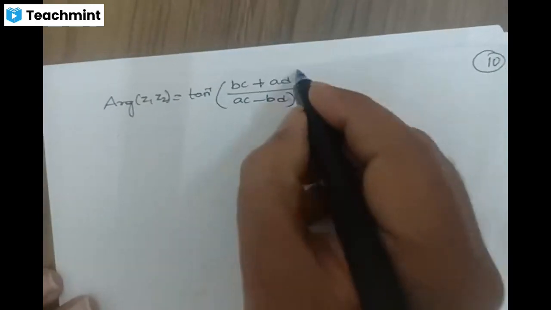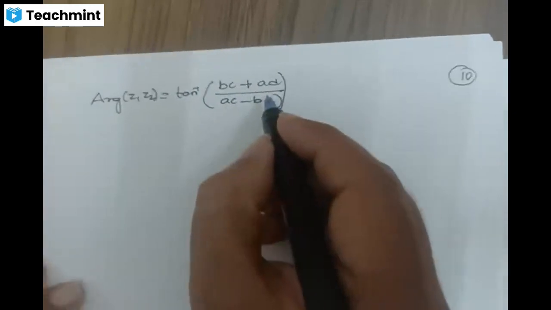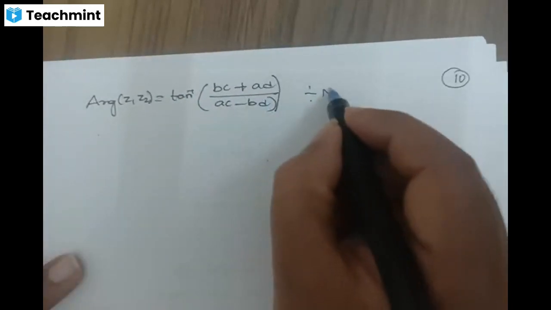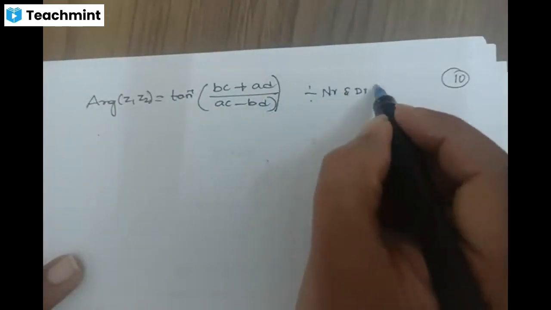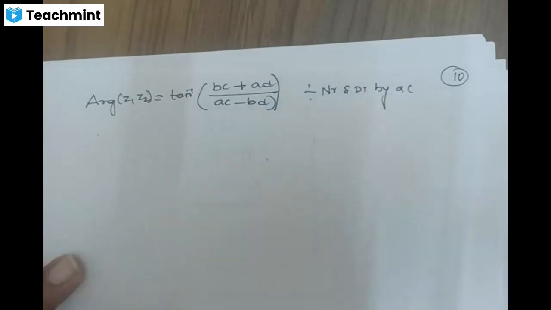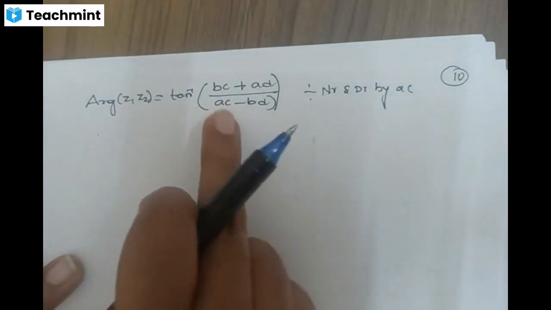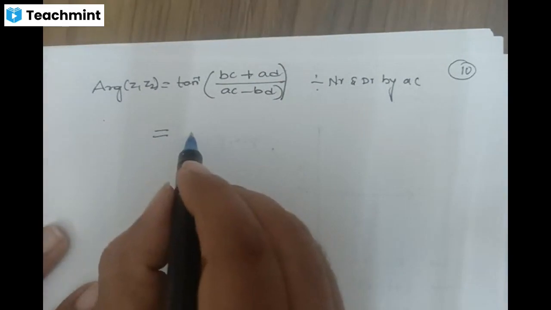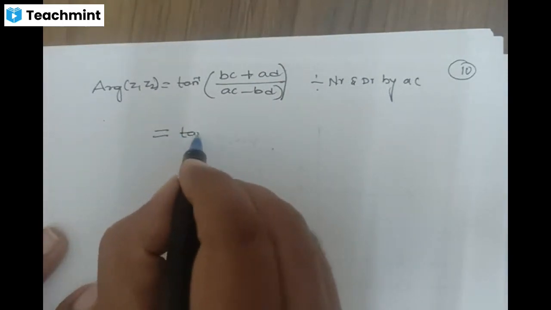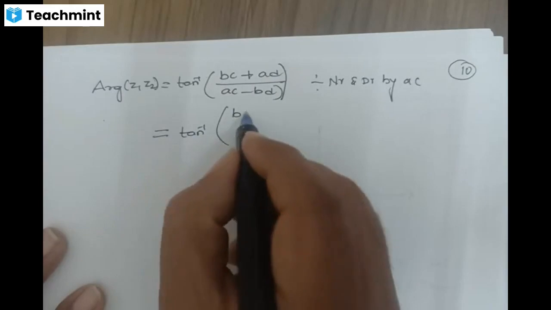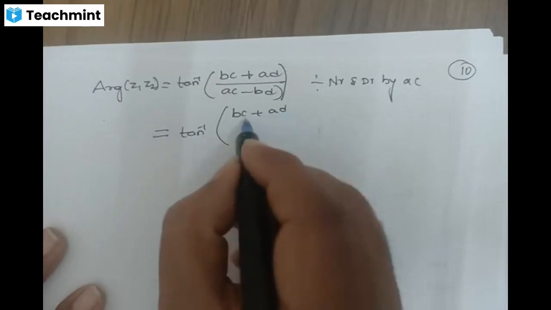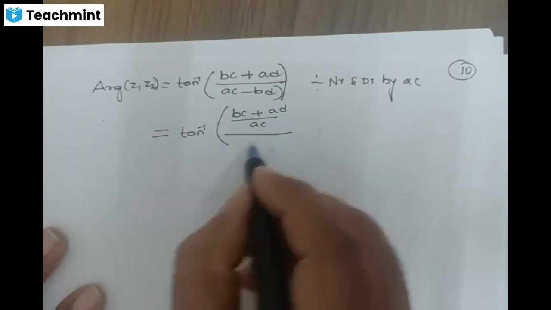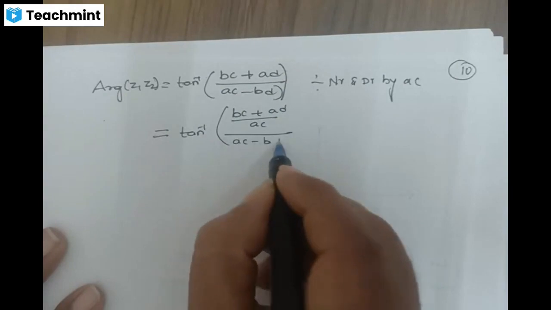Here inside this bracket, I'll divide numerator and denominator by ac. So tan inverse of bc plus ad by ac divided by ac minus bd by ac.